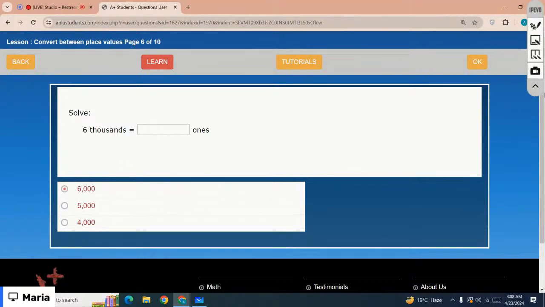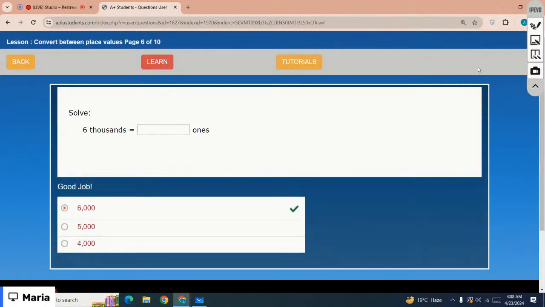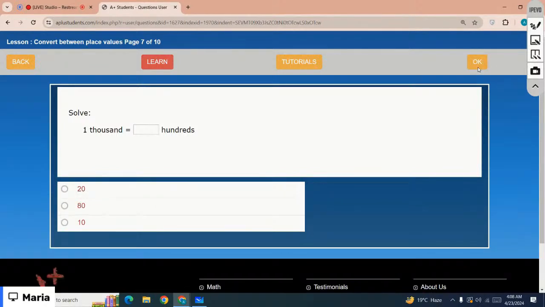The correct option is 6,000. 1,000 equal how many hundreds? 1,000 equal 10 hundreds. The correct option is 10.